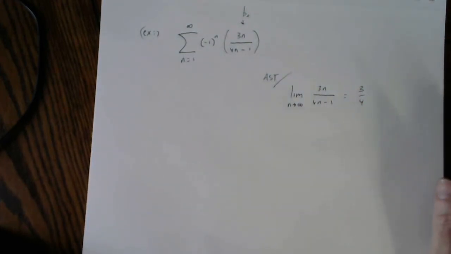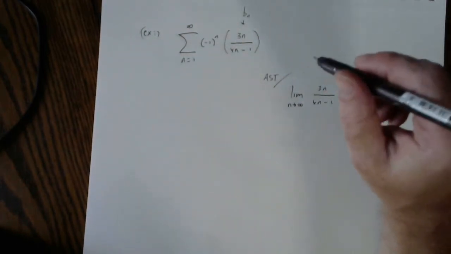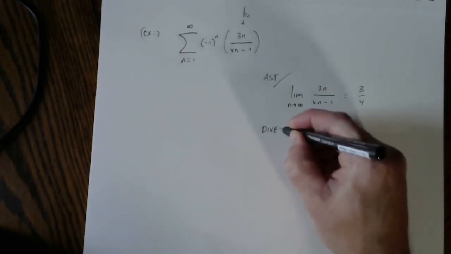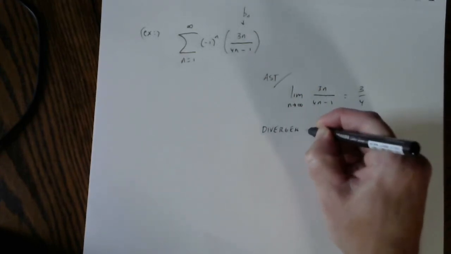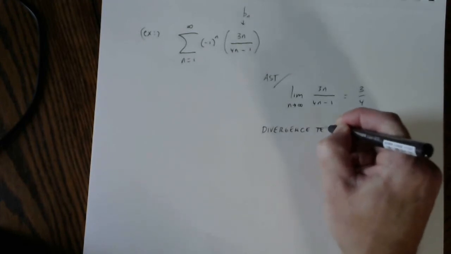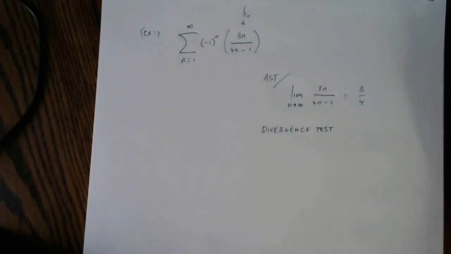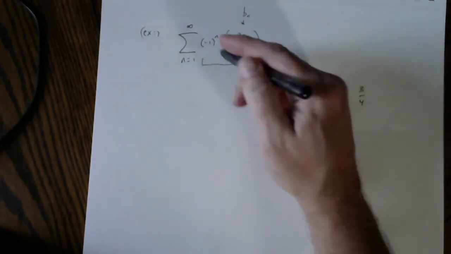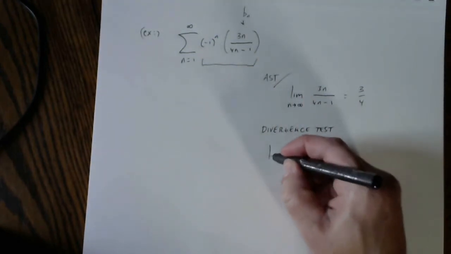And this is a hint. If the test fails, your go-to is most likely the divergence test. Now, if I'm going to do the divergence test, I'm taking the limit of the entire term. So let's examine that.